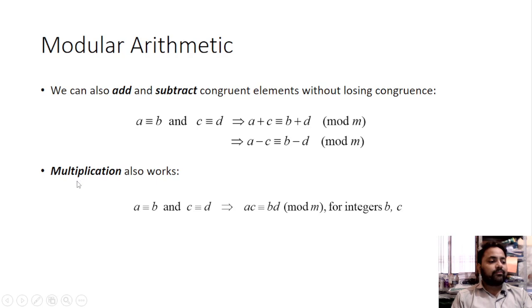In the same way, multiplication also works. Like A is congruent to B and C is congruent to D implies AC is congruent to BD mod M for integers.